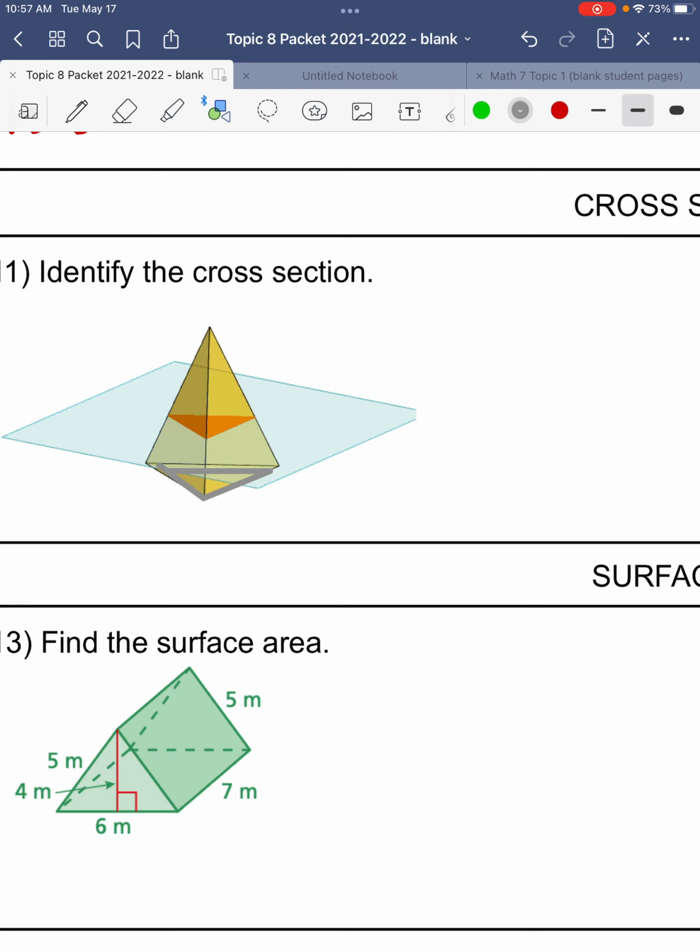So it's a triangular pyramid, and I'm slicing it parallel to the base. It's like a horizontal slice, and whenever I slice parallel to the base, I know that my cross-section is the same as my base. So, what is my cross-section? Well, it's going to be a triangle.